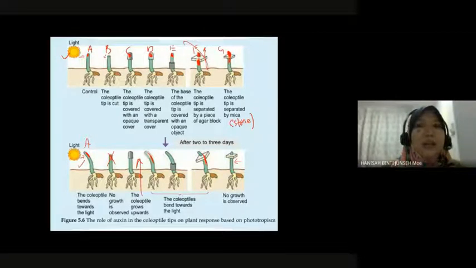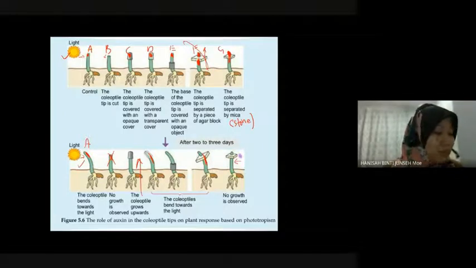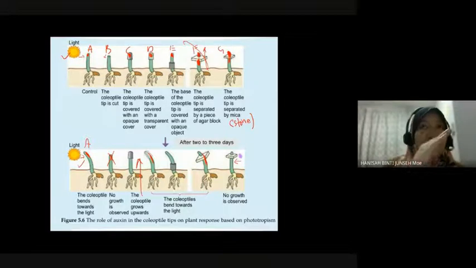Okay, tapi that's the point. Dia kena jadi photophobic, barulah ada movement, baru ada respon. Okay? That's the conclusion for this experiment. Mesti kamu kena ingat, auxin, photophobic, move to shady area, and then shady area will grow and cell elongation happen at the shady area.